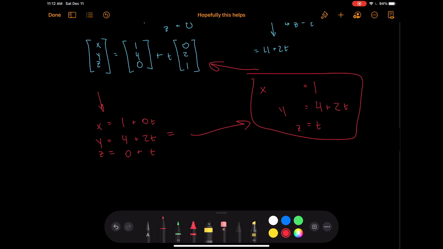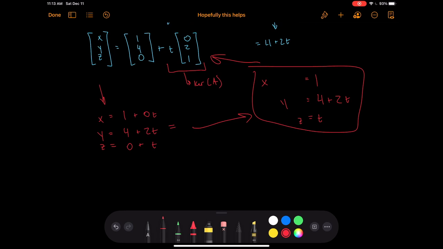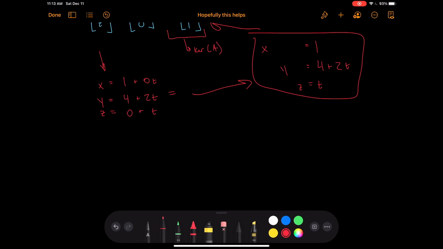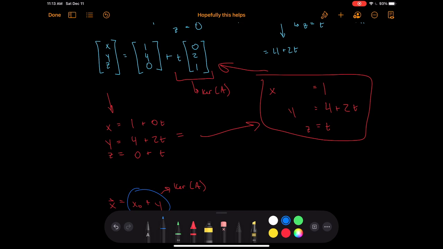And this part right here would be our kernel of A. And then, as we mentioned before, we can write any solution in the form of x is equal to x naught plus y, where y is the kernel of A. This is basically the same as what we have here.